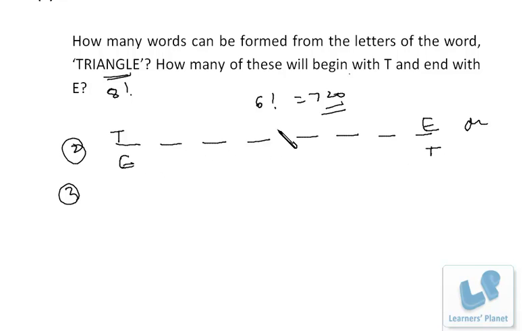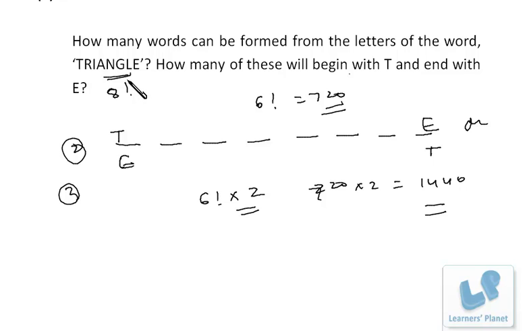So for that also 6 factorial ways will be there, but T and E can be arranged in 2 ways, T and E or E and T. So in all, for the third case, 720 into 2, that is 1440 ways will be there. So you got the 3 questions in this particular question.